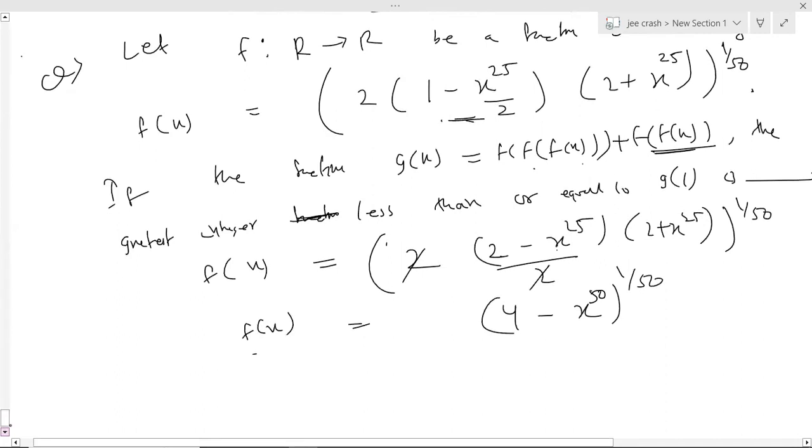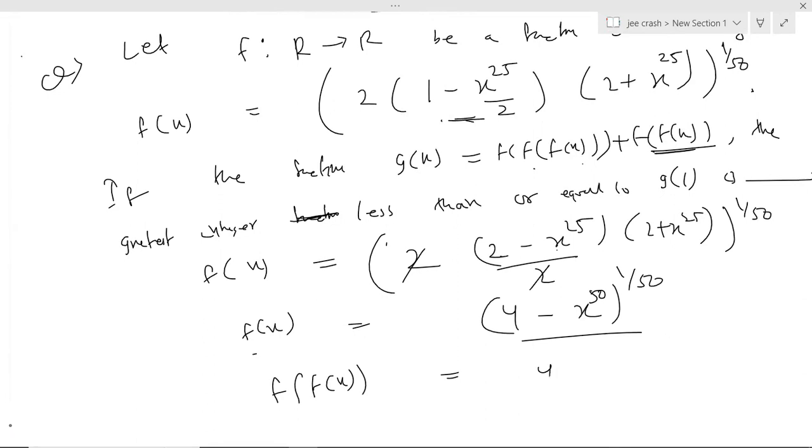Now f of x is this simplified. So let's calculate f of f of x. Can anyone tell me what will be f of f of x? Four minus, instead of x we are going to put f of x, and this is to the power 50.